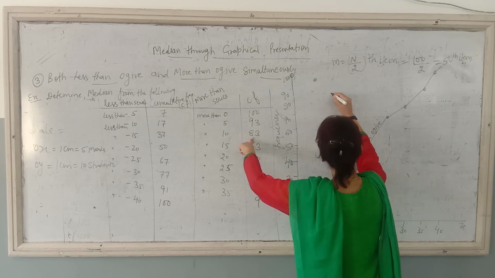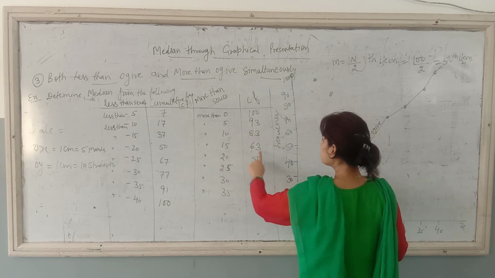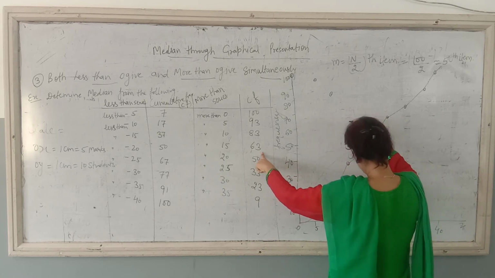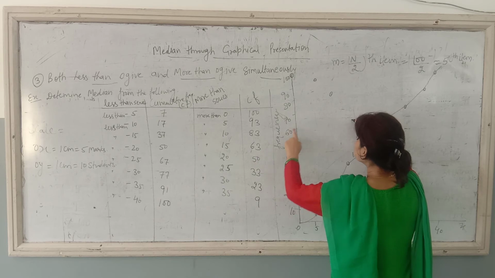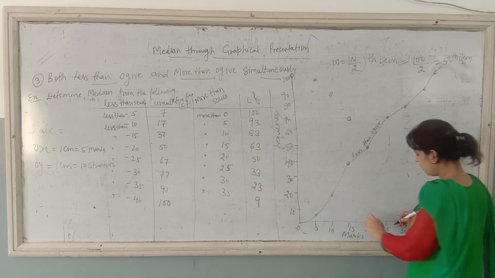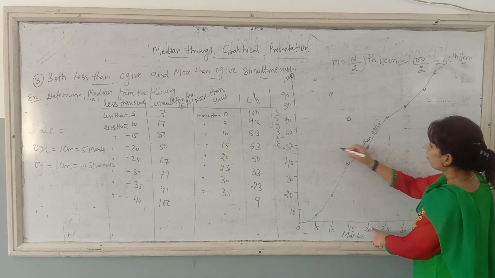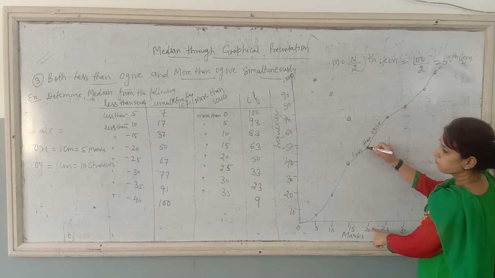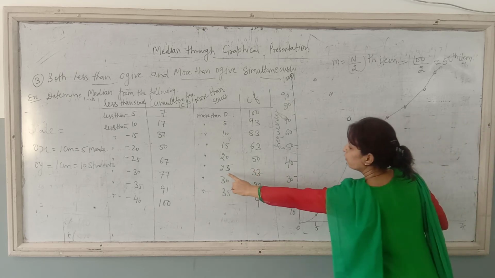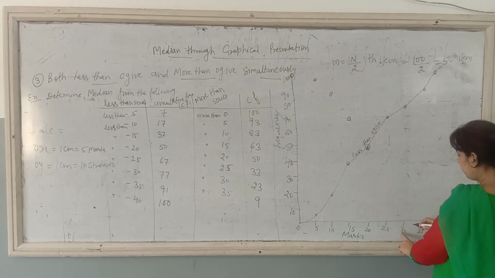15, 63. Clear? 20, 50. At 20 we have to draw 50. 25, 33.